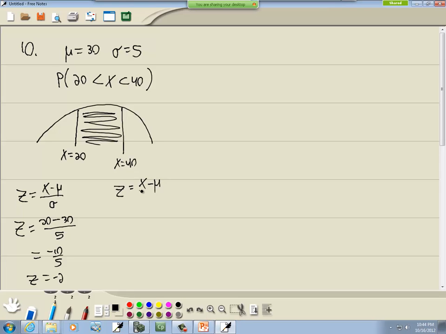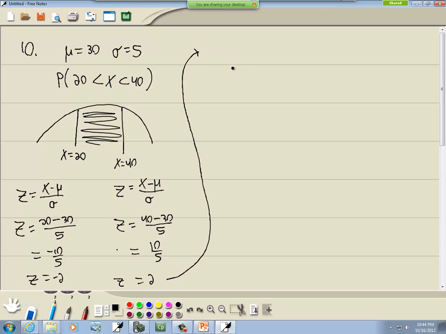X minus mu over sigma. So we got 40 minus 30 over 5, which gives us 40 minus 30 is 10, and 10 over 5 gives us 2. So our picture has changed slightly.